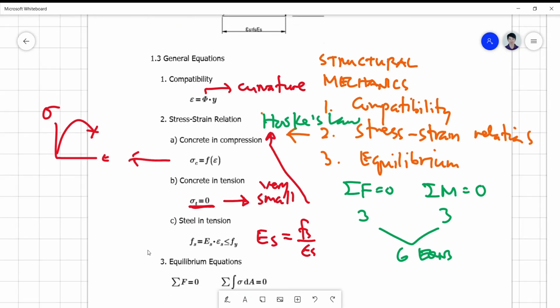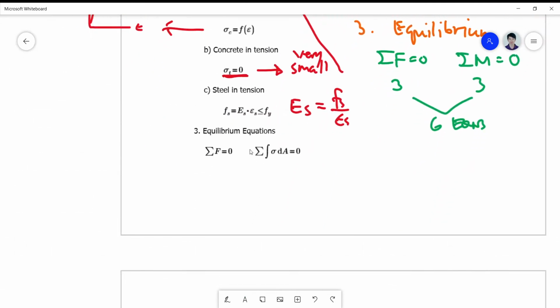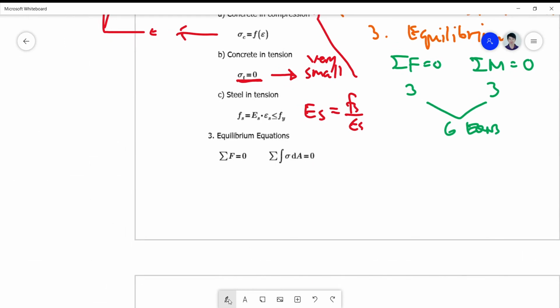Okay, for the equilibrium relation, we take note of the formula on the basis of an integral expression. So summation of forces equals zero is simply stress times area. Your force here is simply the stress times area. Of course, the integral of dA is the total area.